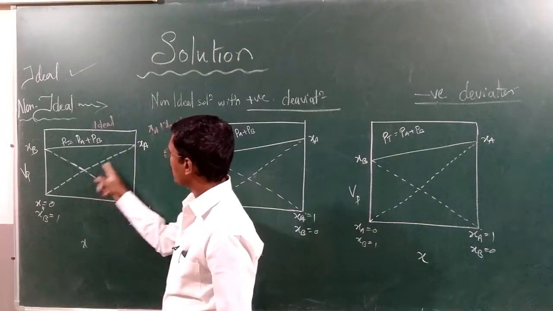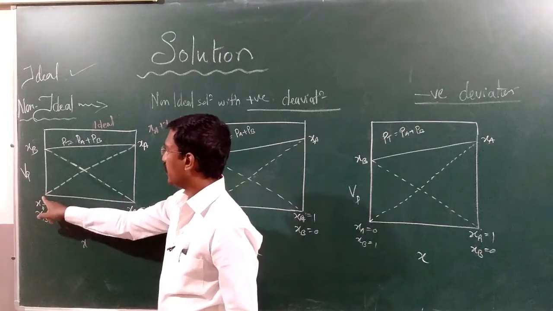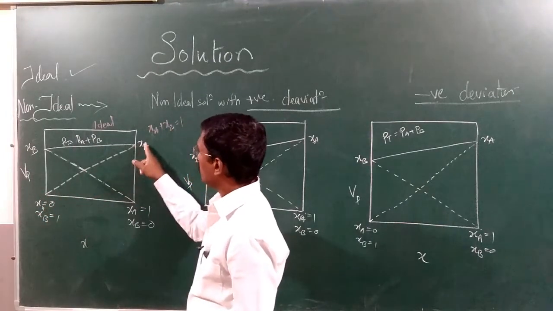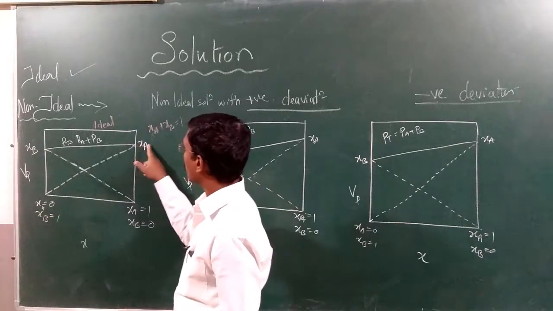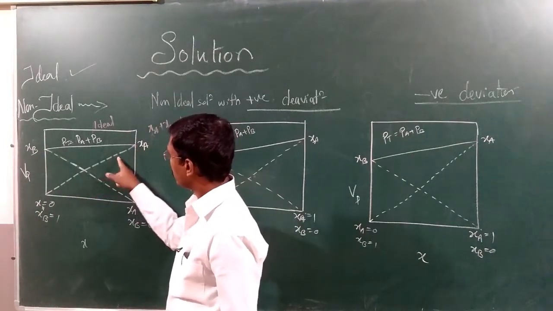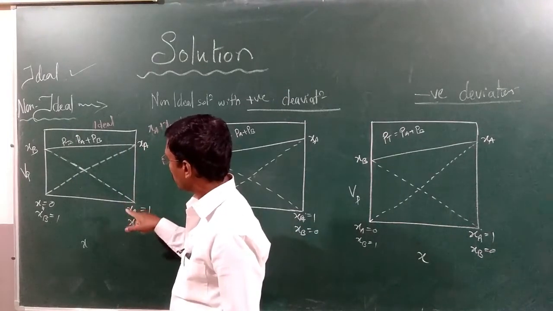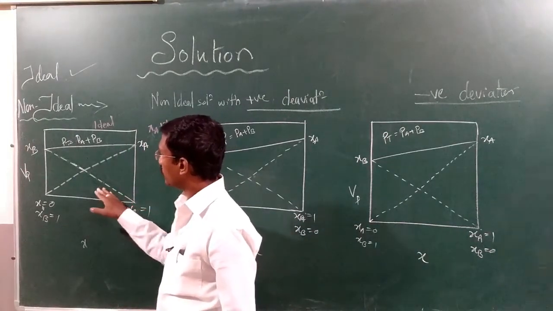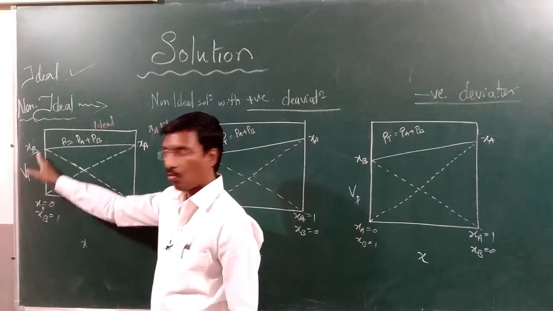Look here, I have drawn some graphs. On the left, if we plot the vapor pressure, particularly the vapor pressure of component A, it increases, and the vapor pressure of component B is also increasing, according to the y-axis.